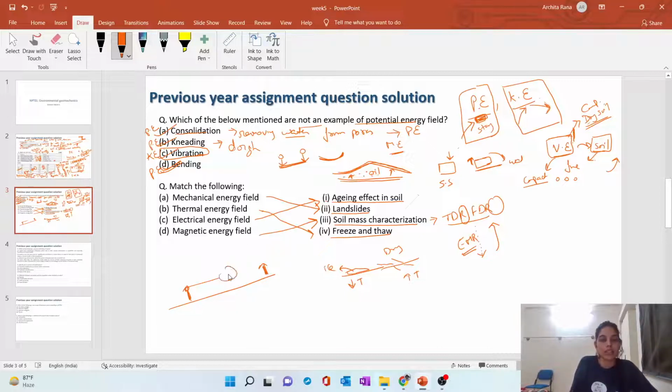That uses the electrical energy field in the circuit to determine the age, right?